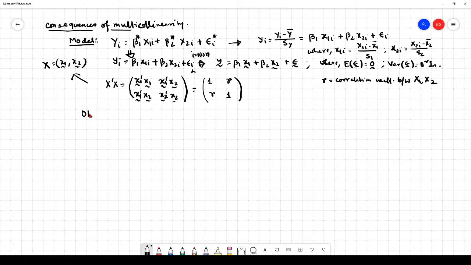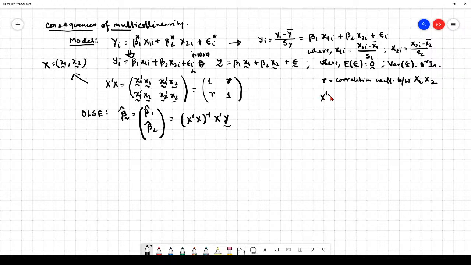The OLS estimator of beta curl, which is denoted by beta curl hat, that is beta 1 hat, beta 2 hat, is equal to X prime X inverse X prime y curl.